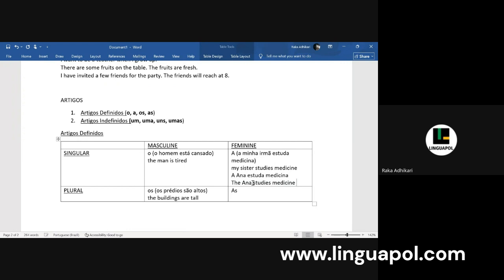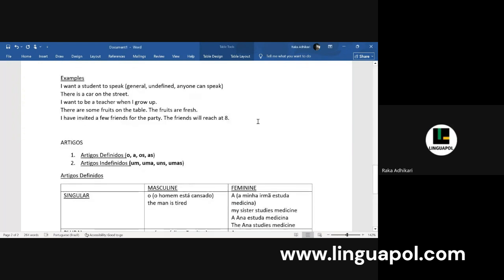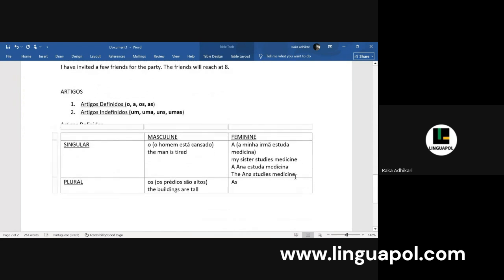What is the logic here? What are the two cases in which we use the definite articles? We're talking about a person. See, it's not about being particular. It is about being only one.